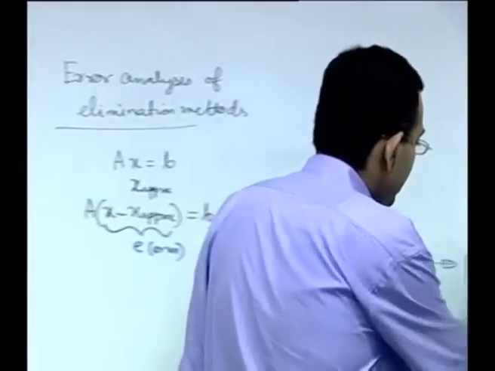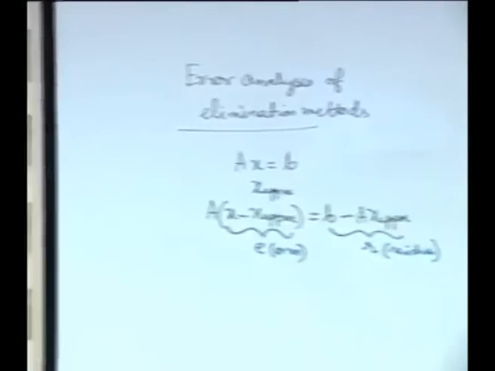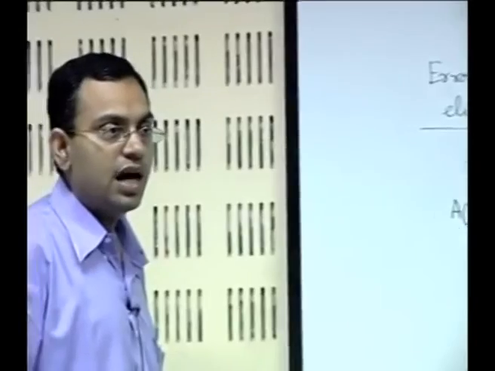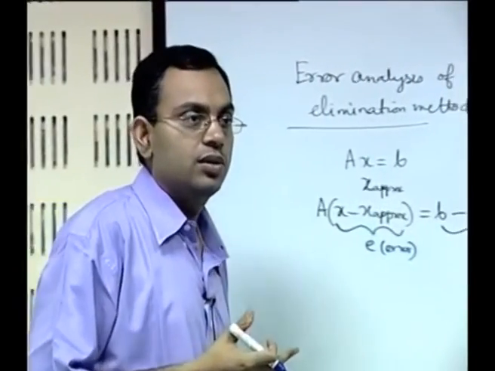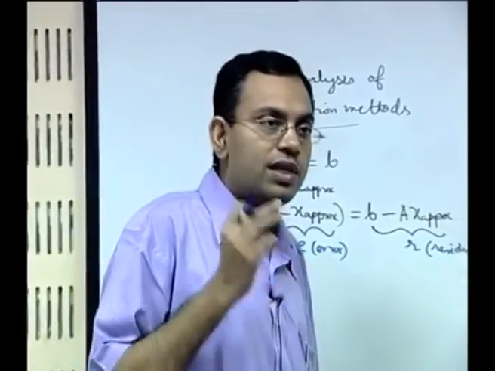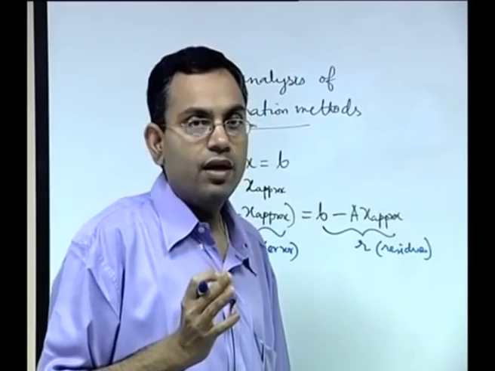Now the question is, what do we intend to do in the error analysis? In the error analysis we want to highlight an estimate of an upper bound of the error, that is what can be the maximum possible error incurred. Always remember why we need an error analysis.